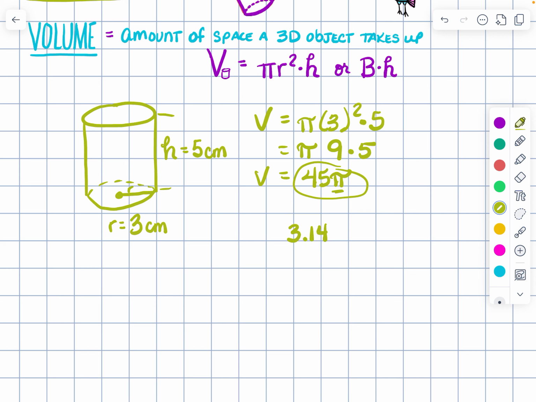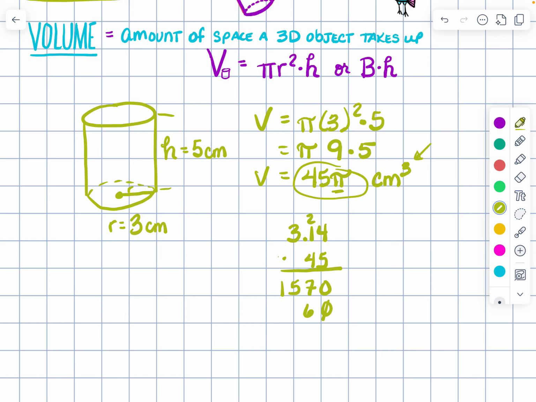So 3.14 times 45. Oh, one thing I forgot to put on here, the units are centimeters cubed because it's volume. You've got 3 dimensions, so that's cubed. Okay, back to this multiplication problem. 5 times 4 is 20. 5 times 1 is 5, plus 2 is 7. 5 times 3 is 15.